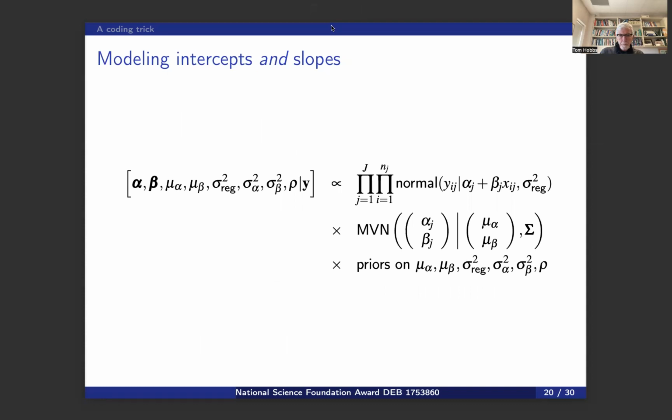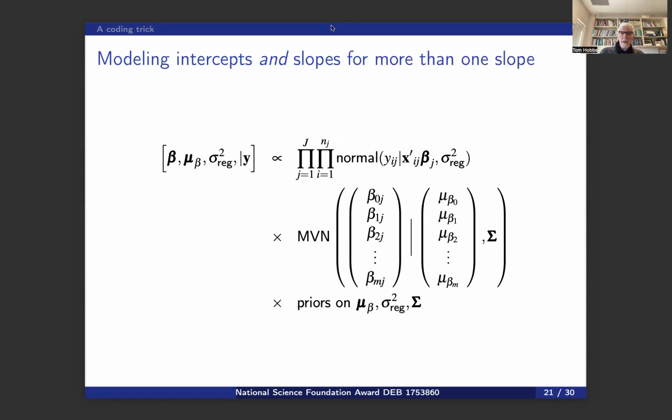And this is what we have for J studies and models with intercept and slope varying across studies. This is the fully factored joint distribution and its relationship to the posterior.